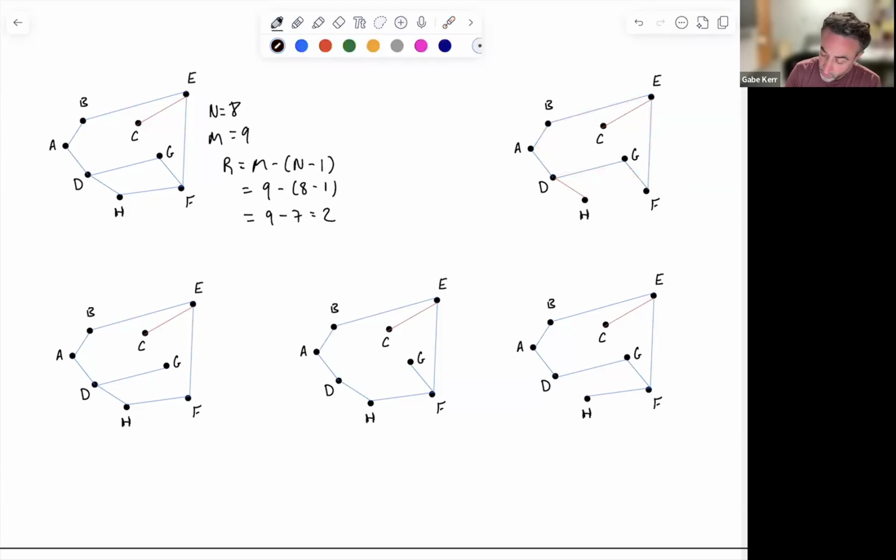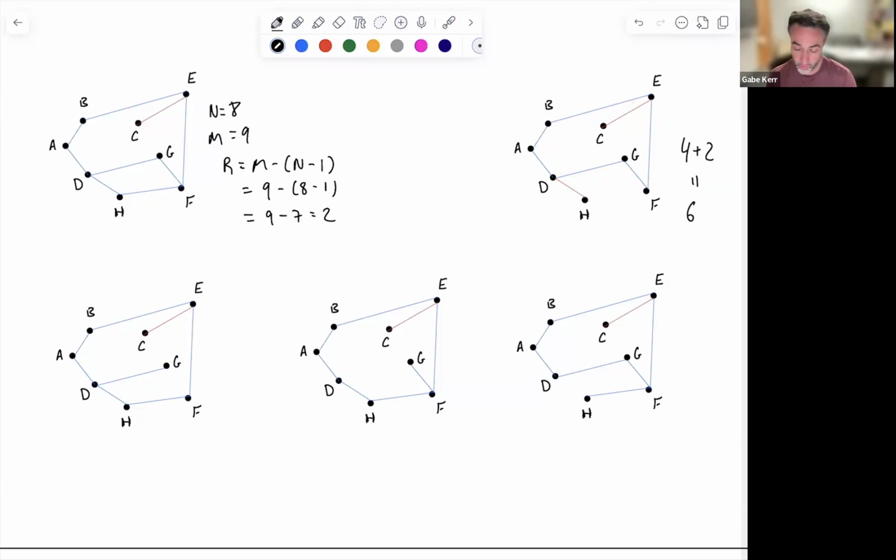So we can remove, I didn't count the number, 1, 2, 3, 4, 5, 6. So we can remove 4 plus 2 equaling 6 edges from the graph to get a spanning tree.